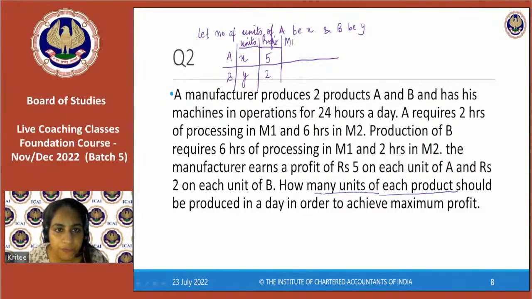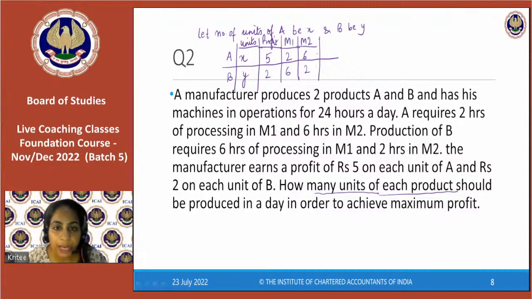In machine 1, A requires 2 hours. In machine 2, A requires 6 hours. In machine 1, B requires 6 hours. In machine 2, B requires 2 hours.